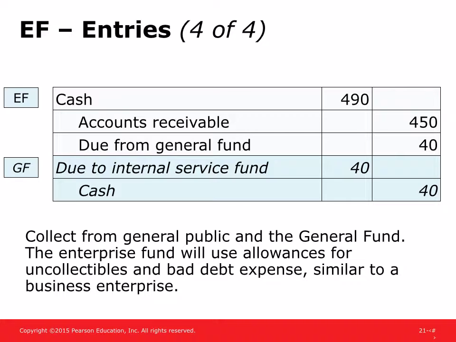So that's not reflected in any of these journal entries, but there would be a journal entry that would show an allowance for uncollectibles or bad debt expense as needed, basically.